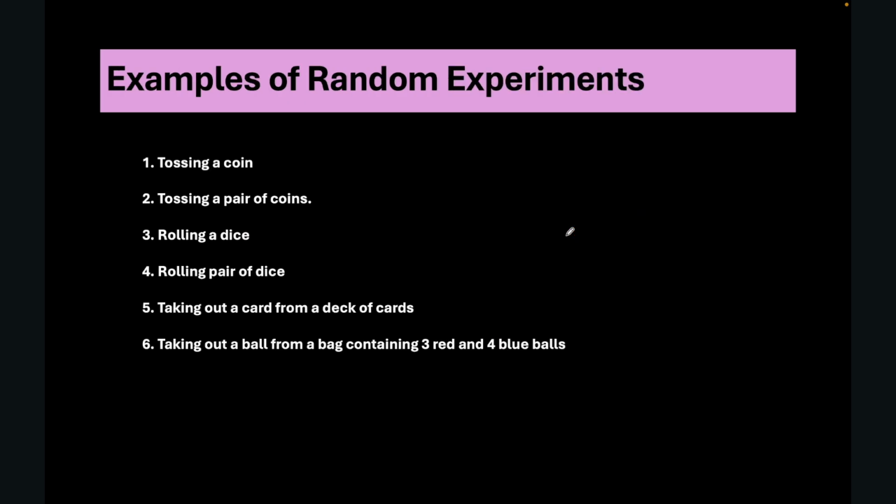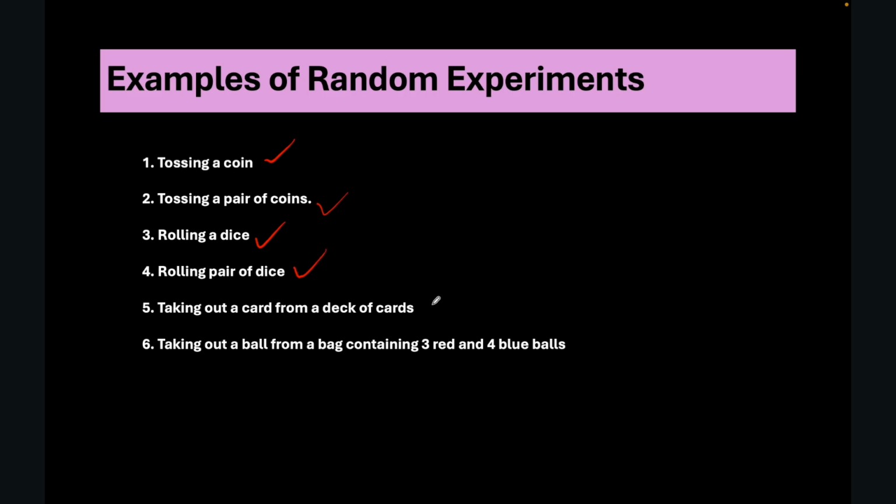So let's look at a few examples. What are some examples of random experiments? Like I mentioned before, we have tossing a coin, tossing a pair of coins, again and again. Maybe tossing three coins in a row and asking what's the probability that we'll get 2 heads out of the 3, or all heads. Rolling a dice, rolling a pair of dice, same thing. Getting a 6, getting the sum equal to 6.